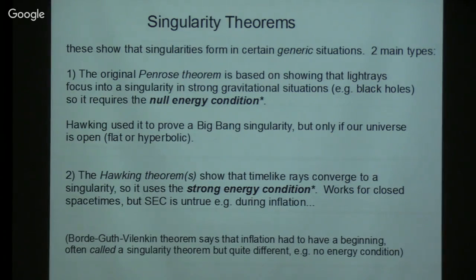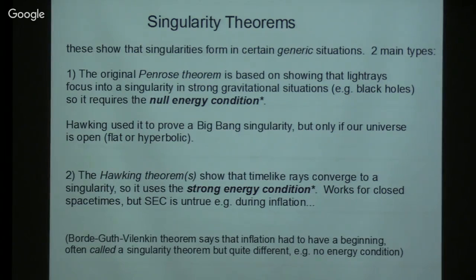But Stephen Hawking used the same theorem. He basically just turned it around in time to argue that in certain cases you also have to have a Big Bang singularity at the beginning of time. But that only applies if the spatial geometry of our universe is flat or hyperbolic. If it's compact, like if it's a big hypersphere, this theorem does not actually apply.